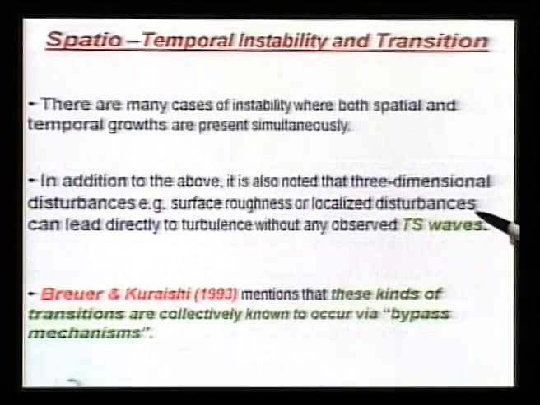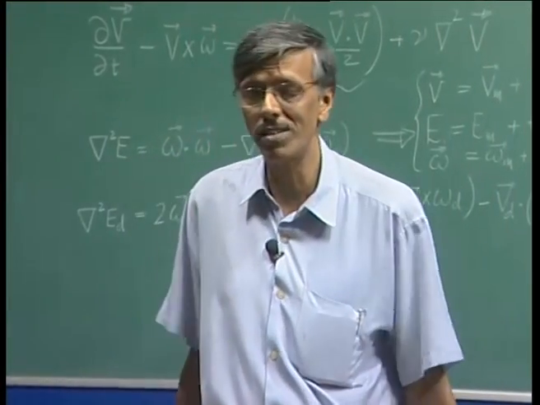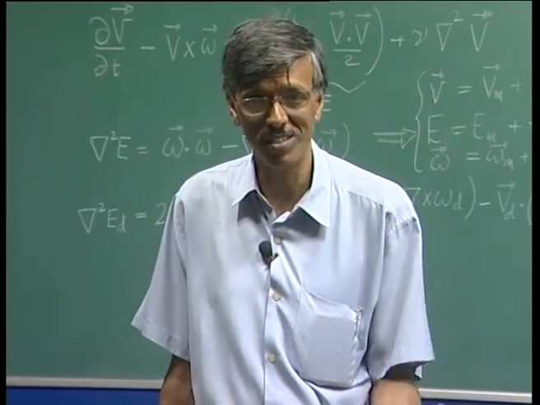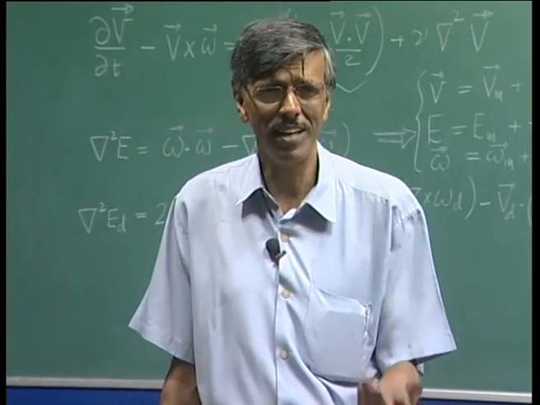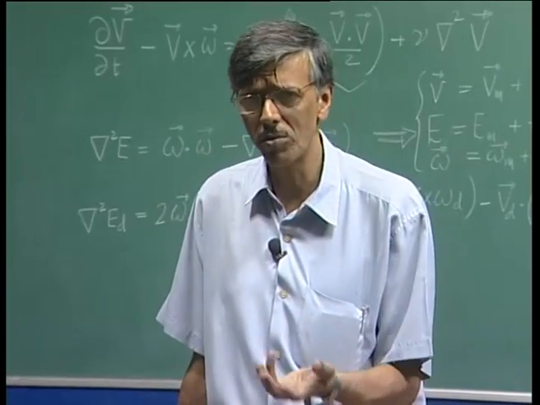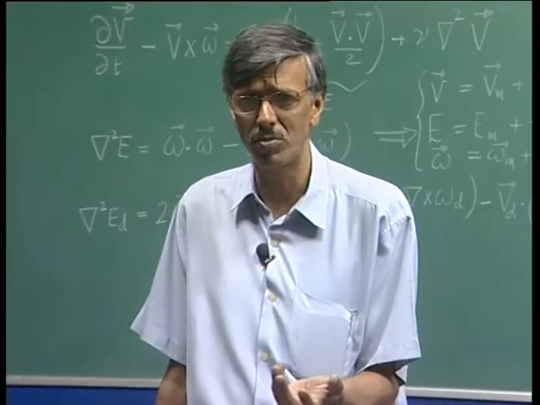You do not see any Tollmien-Schlichting wave in there. Now, what does seeing a Tollmien-Schlichting wave mean? If you recall the Schubauer-Klebanoff experiment, they did excite the system with a single monochromatic frequency, right, a single frequency. So, a monochromatic disturbance field.